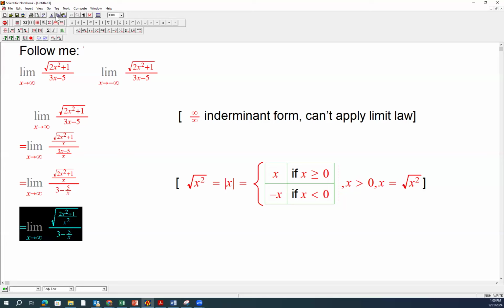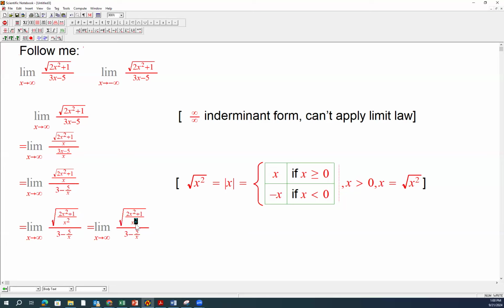Now inside here, we can divide the x squared into each term, so we're going to get 2 plus 1 over x squared.